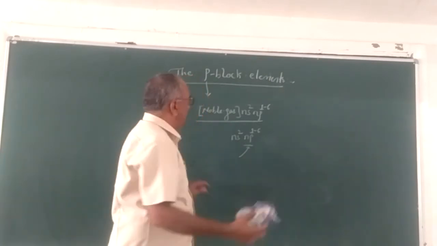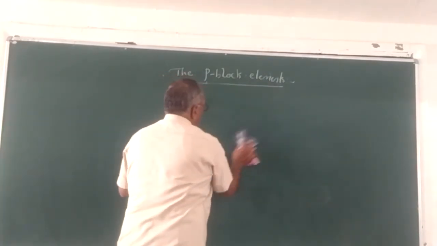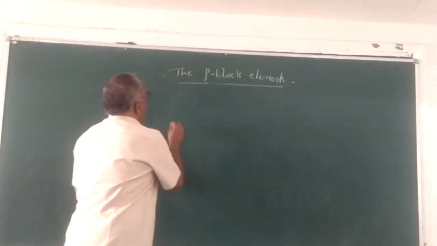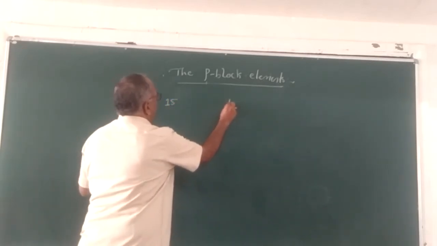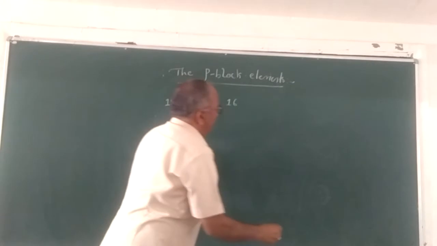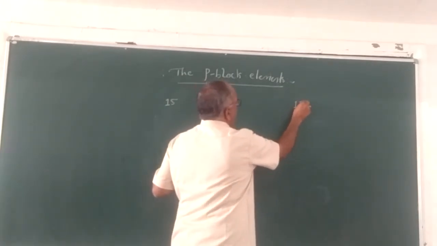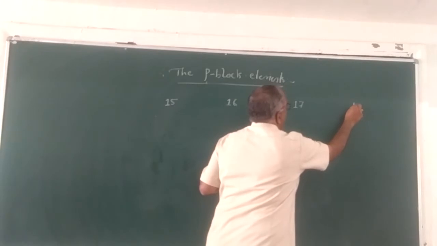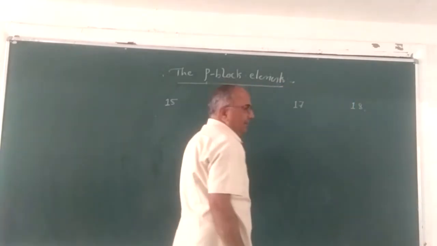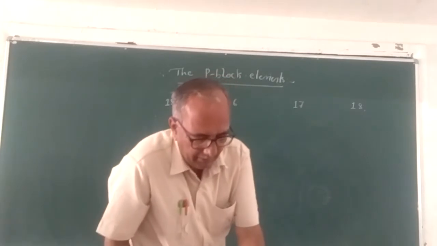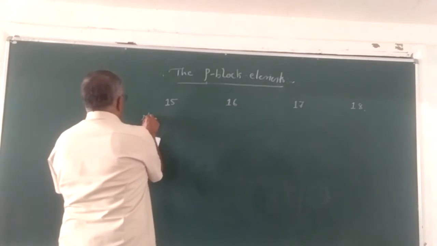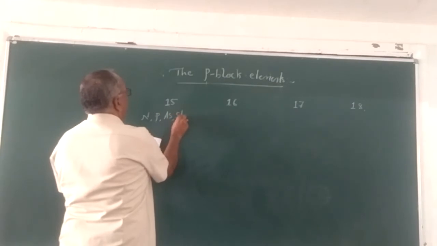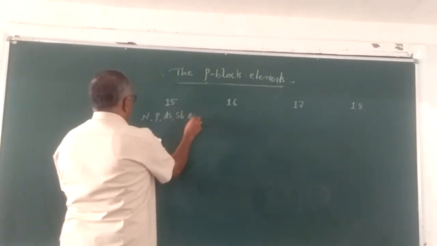Now, for our discussion, we are going to study the 15th group elements, 16th group elements, 17th group elements and 18th group elements. The elements present in the 15th group are nitrogen, phosphorus, arsenic, antimony and bismuth.